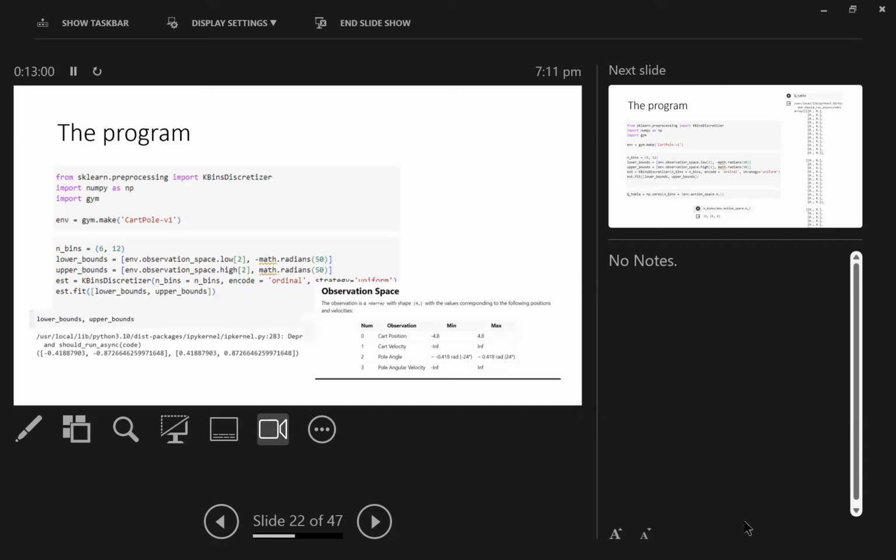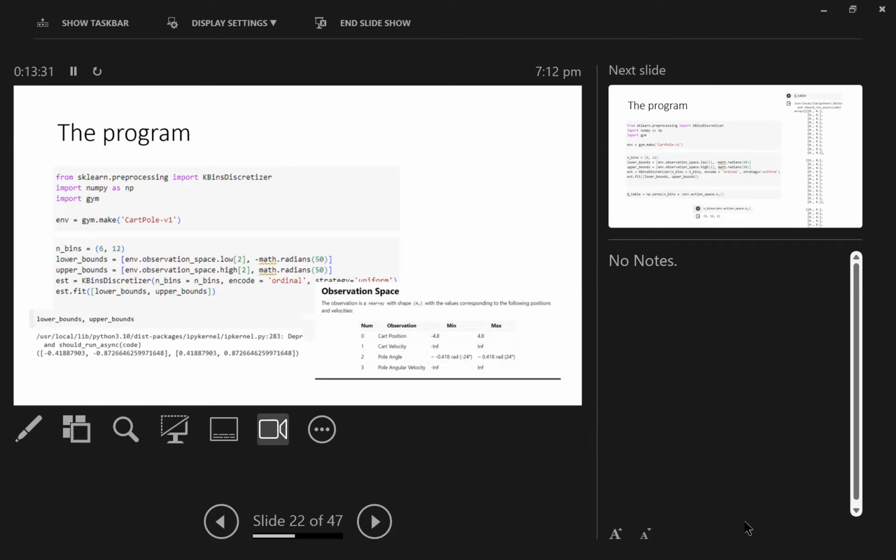In order to handle this kind of situation, which is very commonly encountered in different applications, one important technique we are going to use is to discretize the value. In other words, use binning.